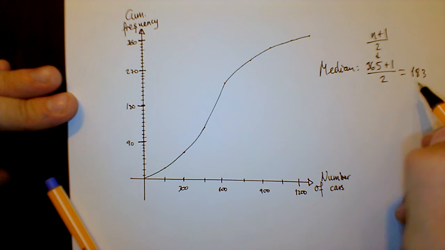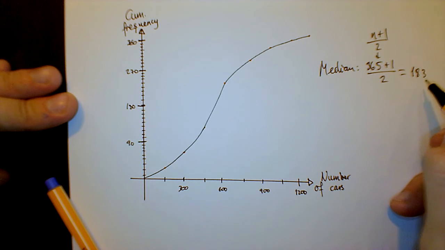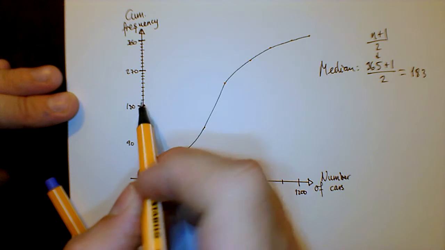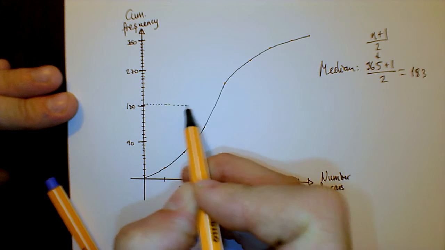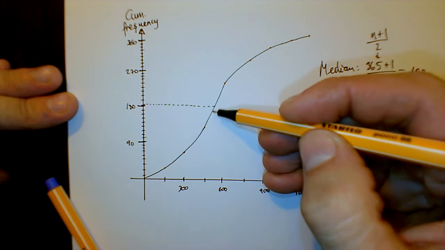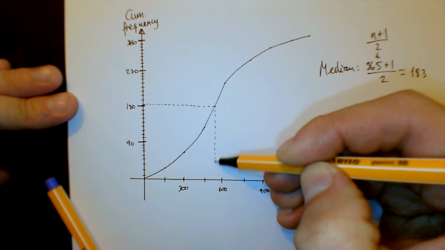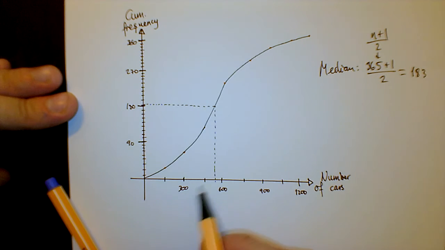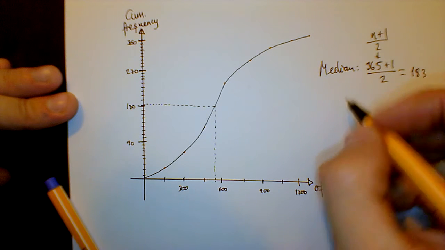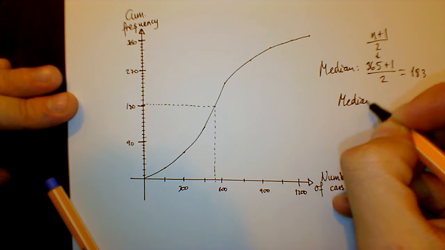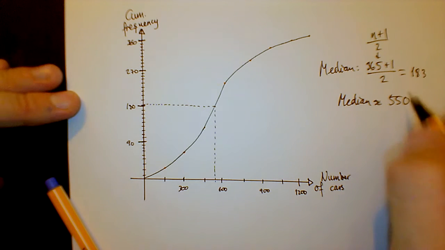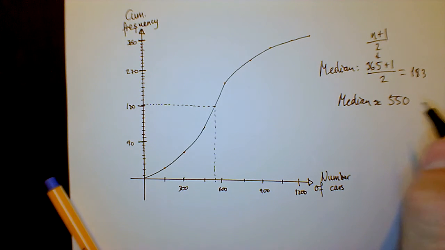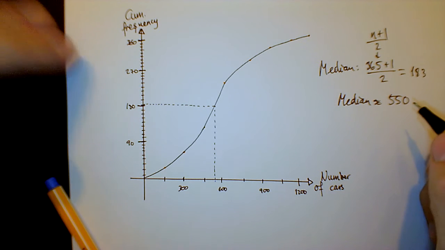So that doesn't mean that the median is 183, but that we look at the cumulative frequency of 183, and that's approximately here. And then we go down and we read off approximately, so this should be 450, 500, 550, I guess. So median is equal to 550 approximately. Using graph paper, this would become more accurate.